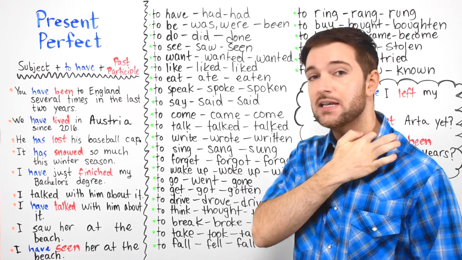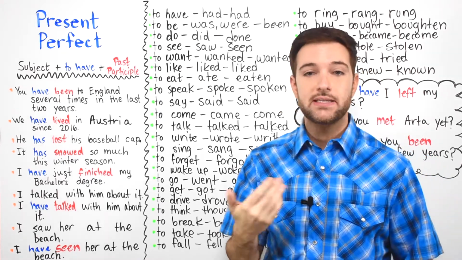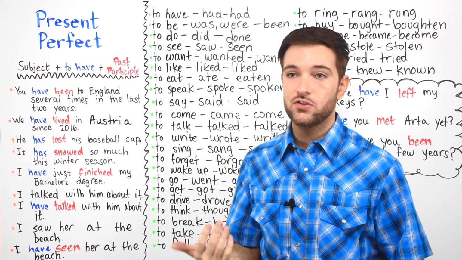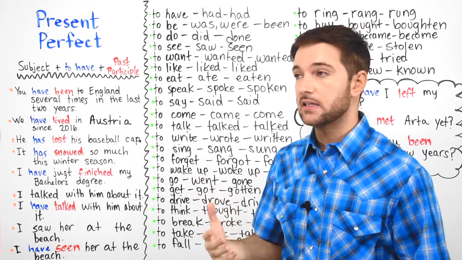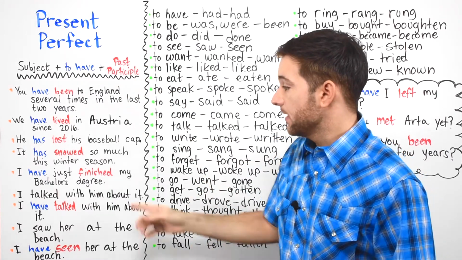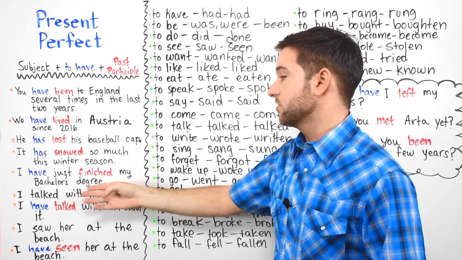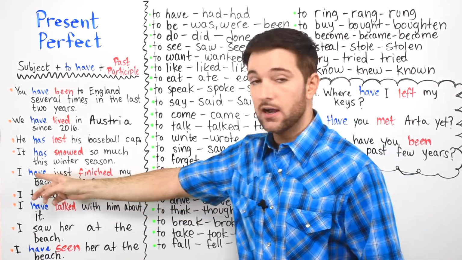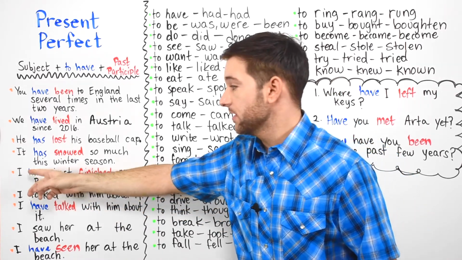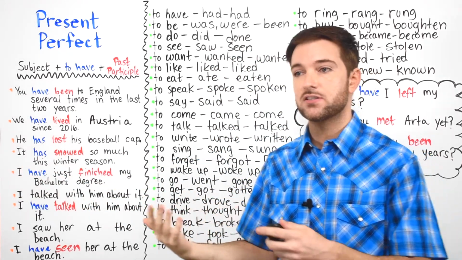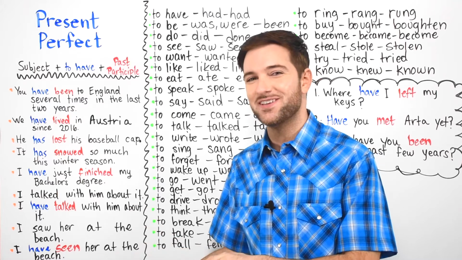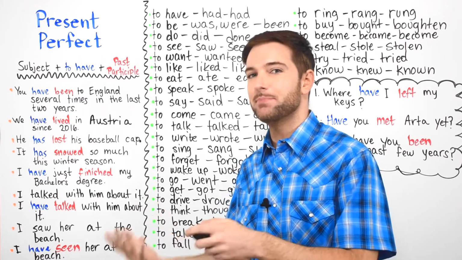Or you can use it if an action was completed recently. In that case, you can also use the present perfect tense. Okay, like in the example right here, I have just finished my bachelor's degree. This is an expression that we often use in English. I have just done this, okay? I have just completed this.